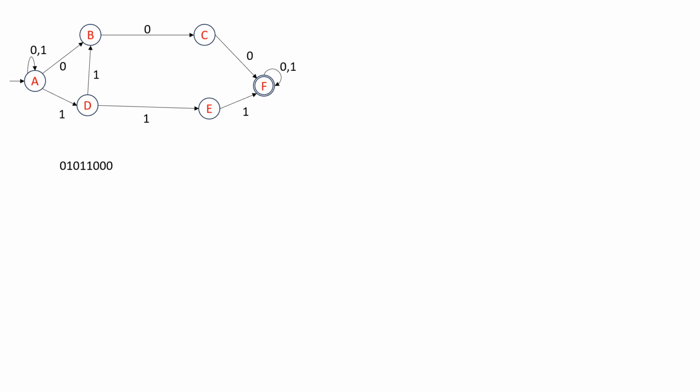Let's go ahead and try to draw out a tree. Starting at the start state, that's A, and the first letter I'm going to read is 0. From A reading 0, I can either stay in A or go to B. The next letter that I'm going to read is 1. But from B, there's no way to read 1, so that's just going to lead to a fail.